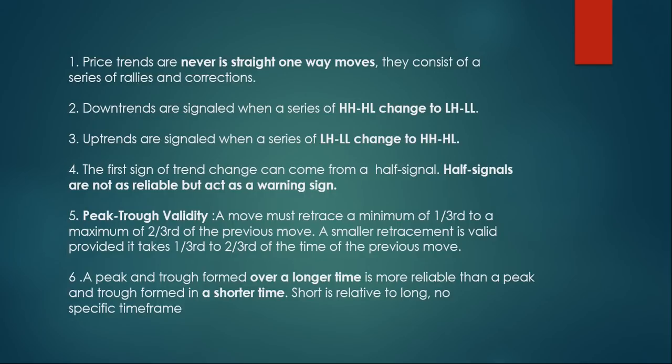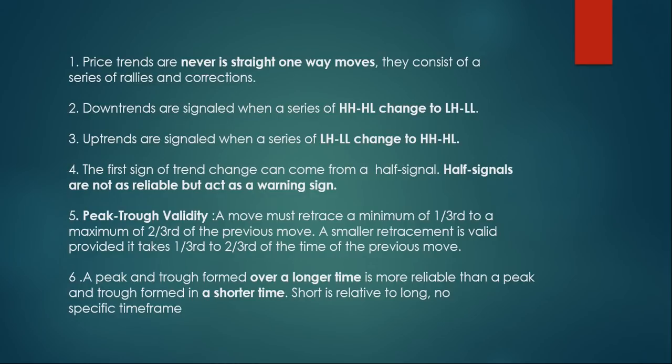Last point, a peak and trough formed over a longer time is more reliable than a peak and trough formed in a shorter time. Say, for example, a high and low is getting constructed every 20-30 days, correct? Another high and low is getting constructed every 5 days. The one of 30 days is much more reliable than the one constructed in 5 days. Now whether 5 or 30, this number is never absolute.